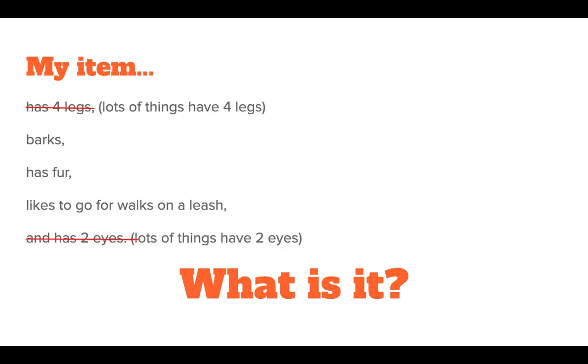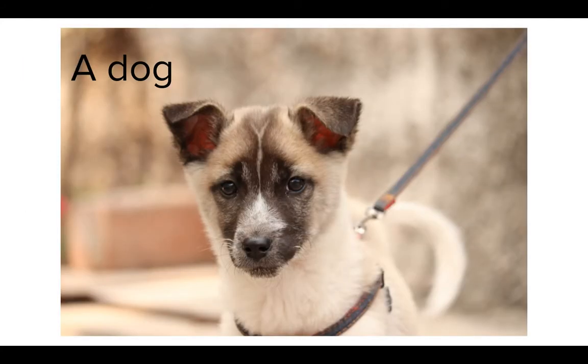Yep. Lots of things have 4 legs, so that doesn't help you know what I'm talking about. And like we just talked about with the frogs, lots of things have 2 eyes, so that doesn't really help either. So my item barks, has fur, and likes to go for walks on a leash. What is it? Yep, it's a dog. Very good.